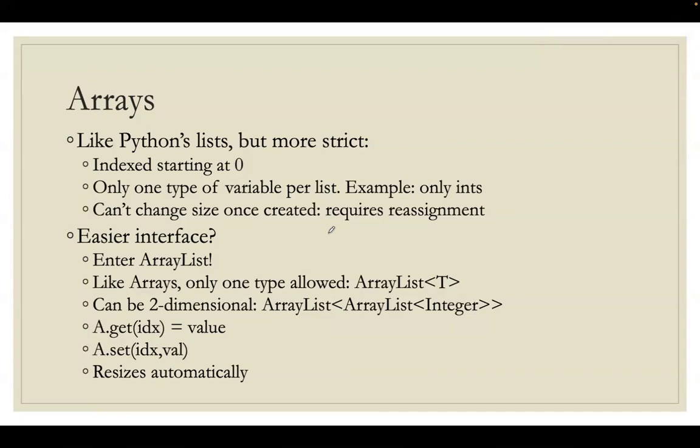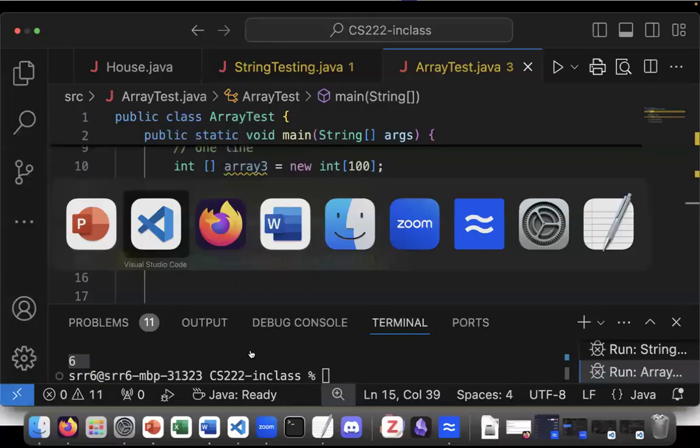It resizes automatically, which is nice, so we don't have to worry about reallocating and reassigning all of that data. Like arrays, only one type is allowed. That's just how it is in Java. Okay, so let's see how that works, and then we'll talk a little bit about these other things.